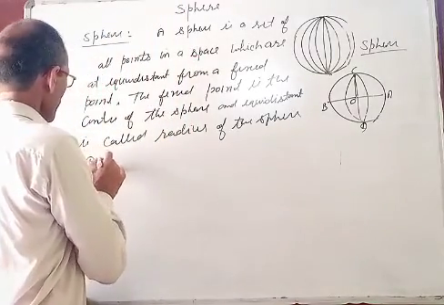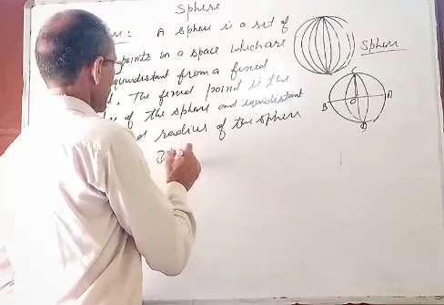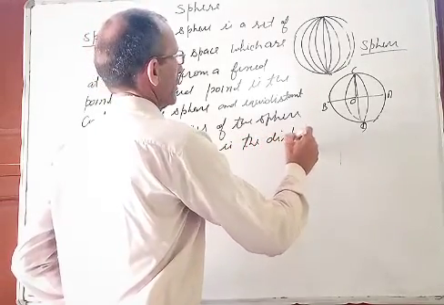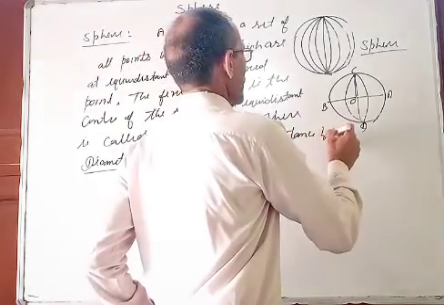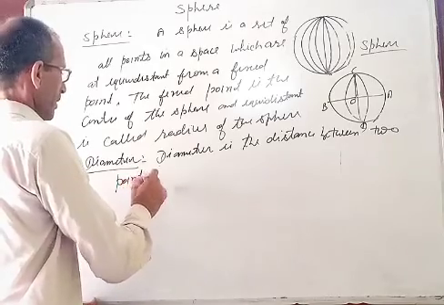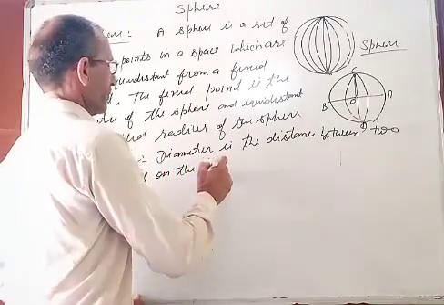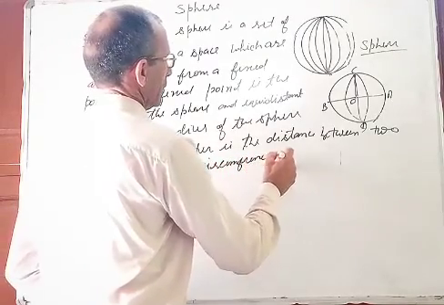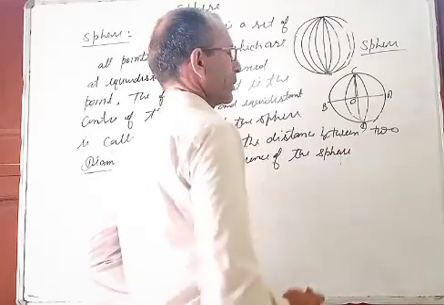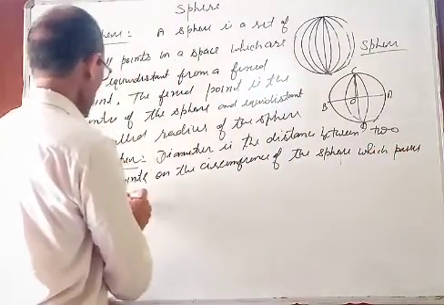So the diameter is the distance between 2 points on the circumference of the sphere which passes through the center.